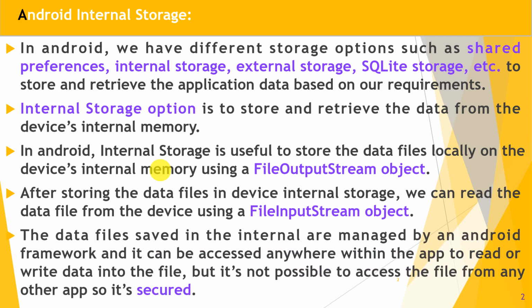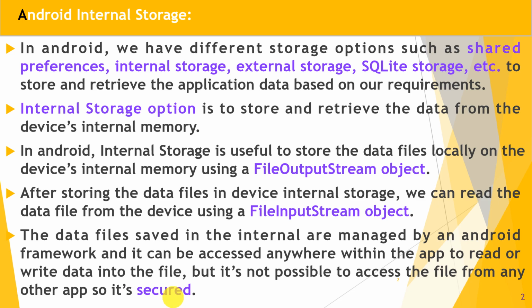Let's move. The data files saved in the internal storage are managed by the Android framework, and it can be accessed anywhere within the app to read or write the data into the file. But it's not possible to access the file from any other app, so it's a secured one, like the shared preferences.